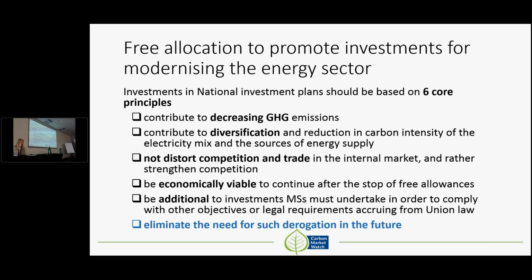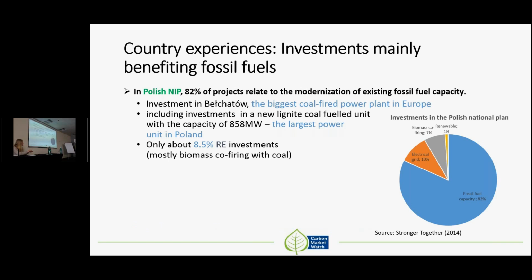No, it's okay. What is not in these principles or guidance is actually project-specific criteria, what kind of technologies they can use now. And actually, this is what brings us to the main issue of this derogation, that it's being largely misused to fund the investments in the existing fossil fuel capacity or even new fossil fuel capacity in these countries.